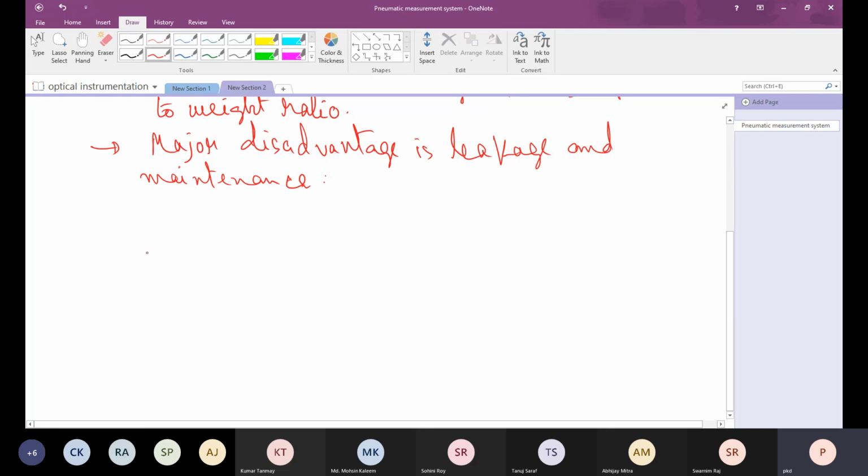So in all such things, hydraulic components have a better power to weight ratio. That means within the same size, you can generate more force. Okay. Is it clear? Yes, sir, I understood now. Thank you, sir.